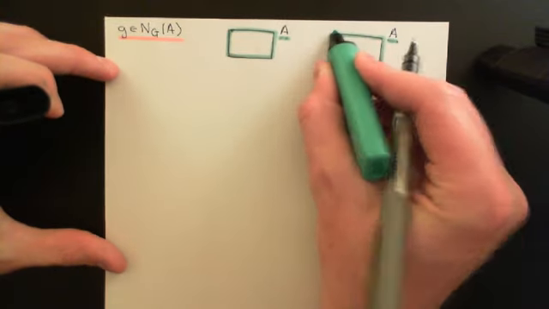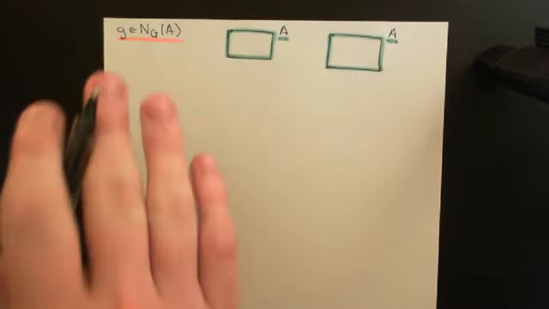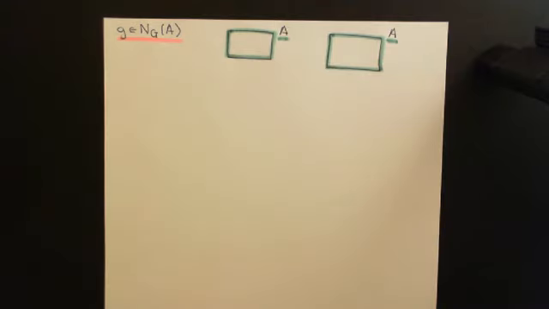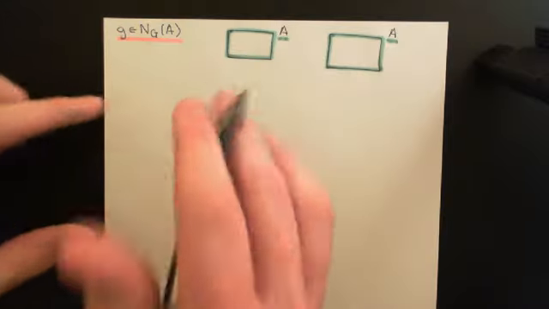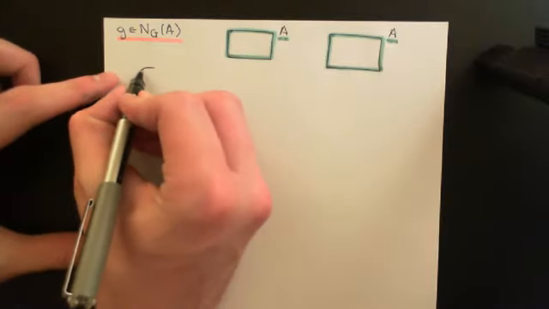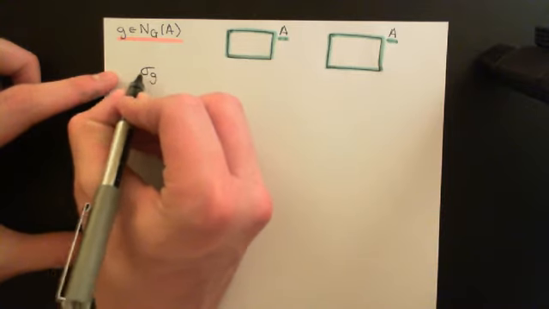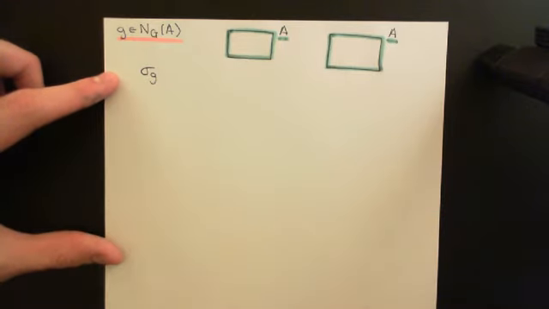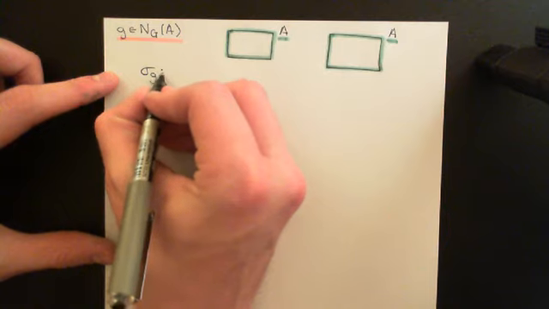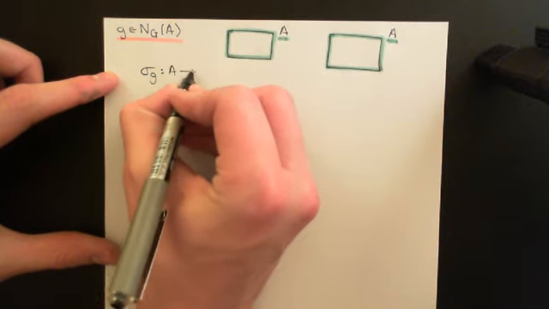Basically, you can think about taking all the elements of the normalizer of A in G and associating them with set permutations of the set capital A. So for little g, you can associate it with a set permutation which we'll call sigma little g, which will map the set capital A onto itself.